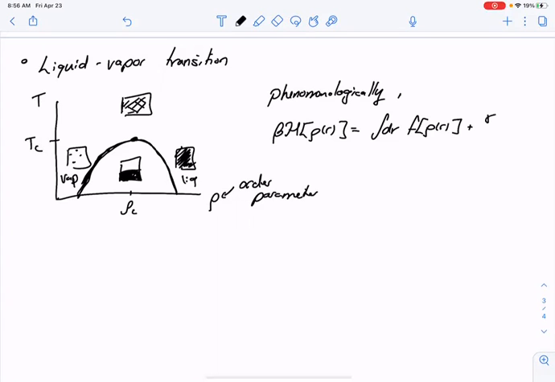Analogously, performing some gradient expansion, we might imagine penalizing inhomogeneous density fields with a square gradient term. There's not a lot of room in the square gradient. We could in principle go to higher order gradient expansions, but we won't for the time being. Where we're left with some flexibility is what this local free energy density should be.